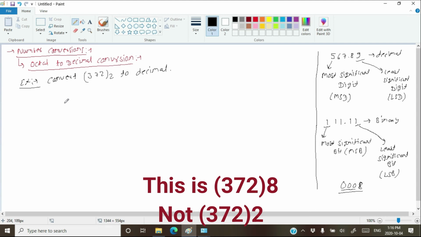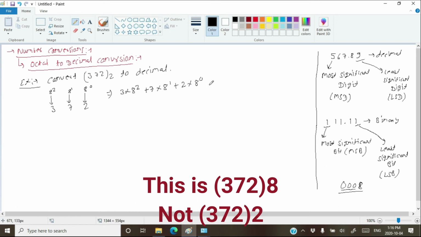First you define various weights for this number. 372 means the weights will be 8 to the power 0, 8 to the power 1, 8 to the power 2. Now what you do is keep on multiplying these digits by the corresponding weights. That means 3 multiplied by 8 square plus 7 multiplied by 8 to the power 1 plus 2 multiplied by 8 to the power 0.